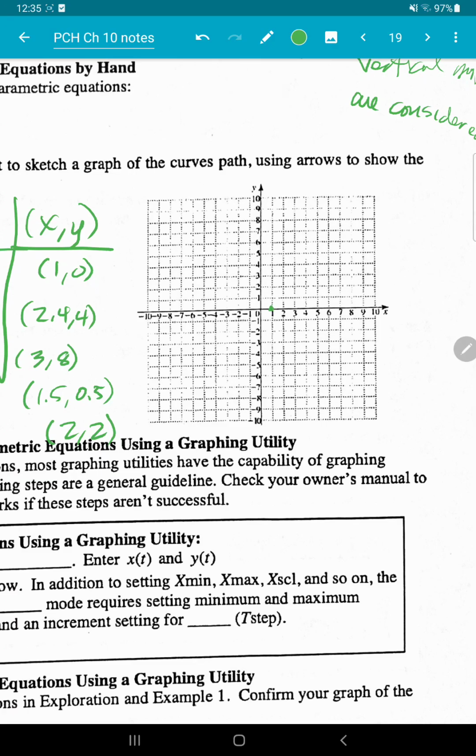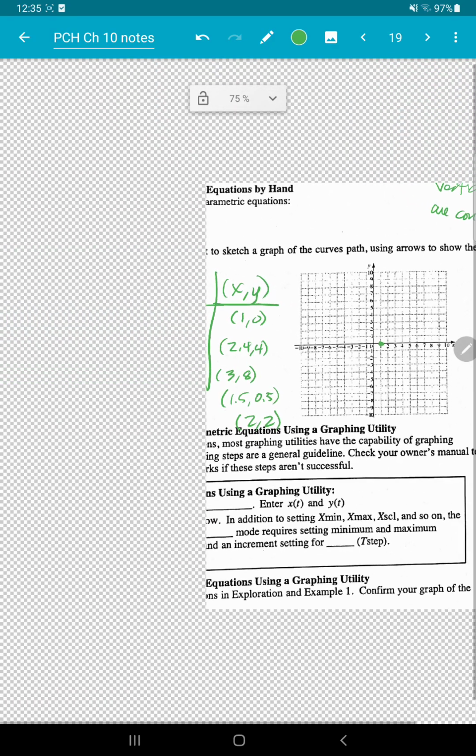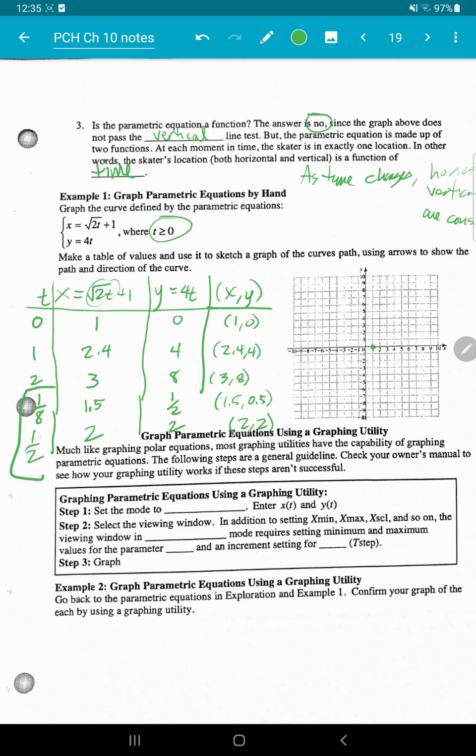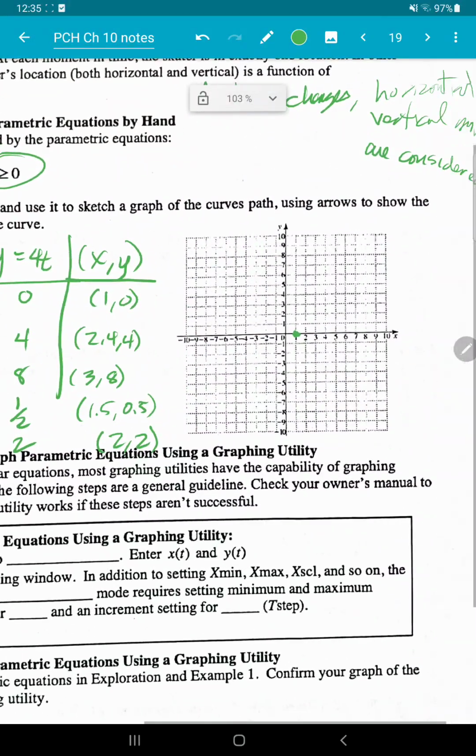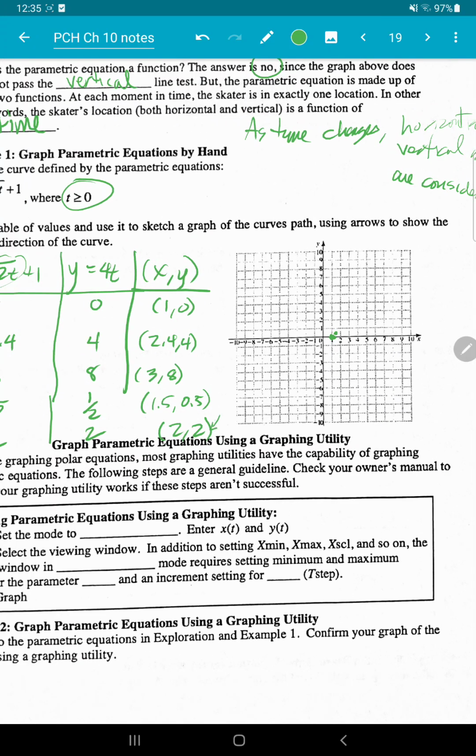1, 0. And remember that what I did was I actually took some values that were in between 0 and 1. I'm going to go ahead and plot those first. So 1.5, 0.5 will be our next point. 1.5, 0.5 right there. And then we have the point 2, 2.